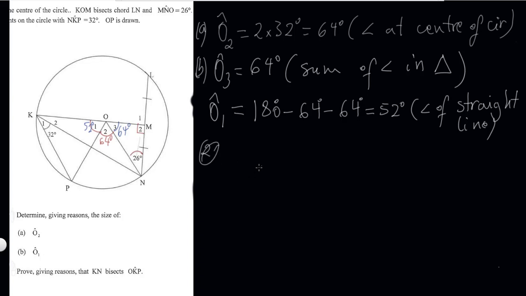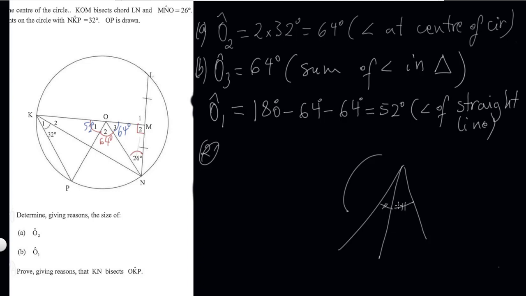Now question C says prove that KN bisects the angle OKP. Bisect means, I'll give you an example. If I have an angle like this, if this line bisects, it means that this angle and this angle are equal.